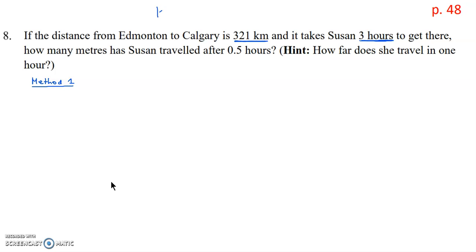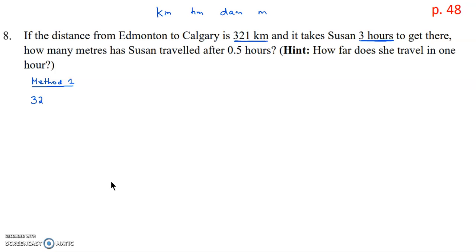So when we look at kilometers, hectometers, decameters, and meters, we're going to be using this part of the metric line to do our conversion. Let's figure out in kilometers first.